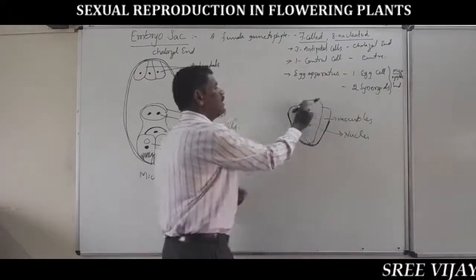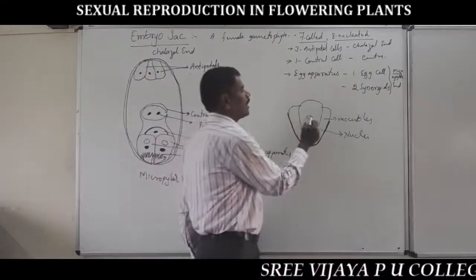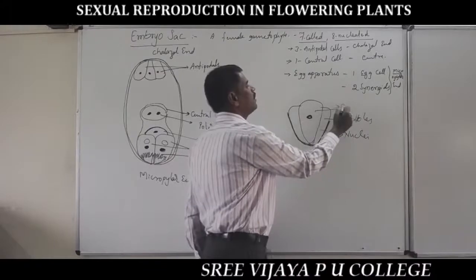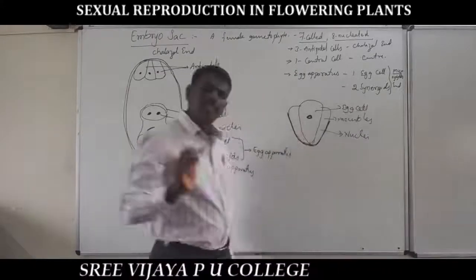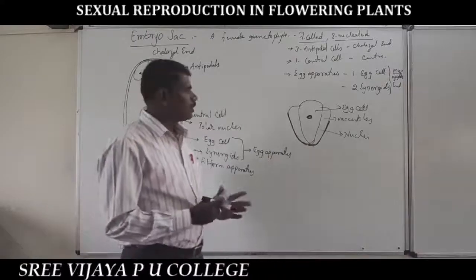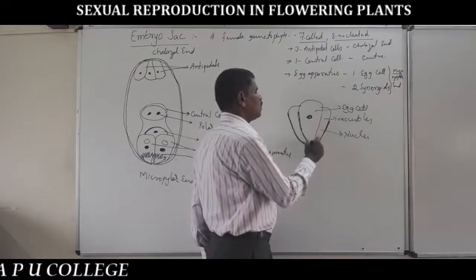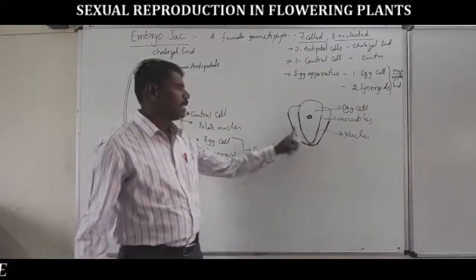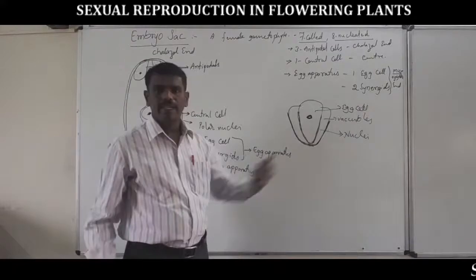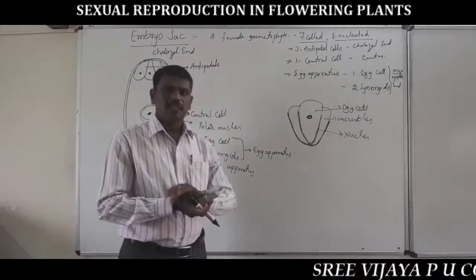So this is the egg or egg cell. The egg cell wall is also thicker towards the micropylar end and a little thinner towards the chalazal part.